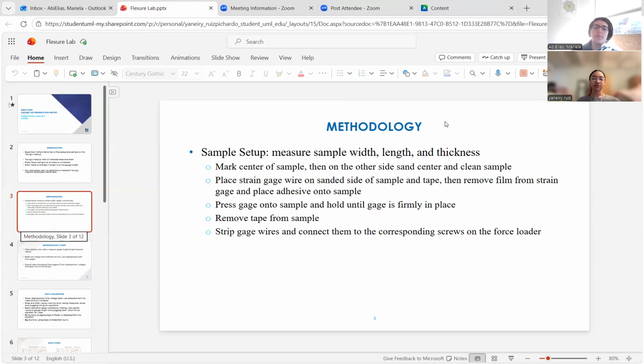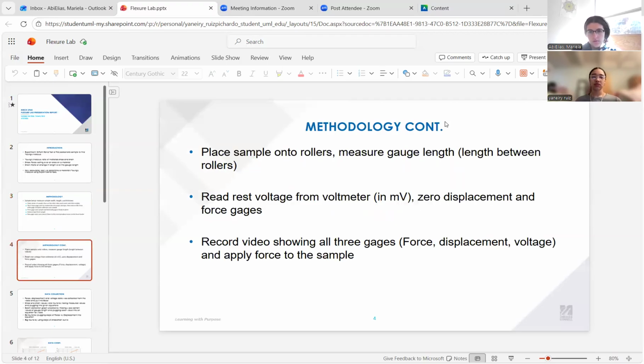From there, we removed the tape and then stripped the wires of the strain gauge to connect them to the screws on the force loader. We then placed the sample onto rollers, measured the gauge length, which is the length between the rollers, and read the rest voltage from the voltmeter in millivolts.